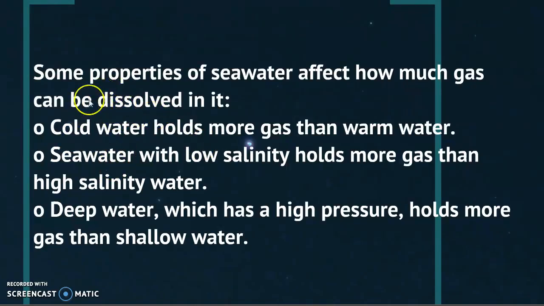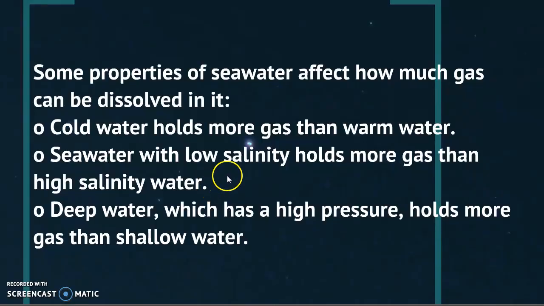So, here are the properties of seawater. Cold water holds more gas than warm water. That's a big deal. If the salt water has a lower salinity, and remember that the term salinity means how much salt, vocabulary, the less salty it is, the more gas it can hold.